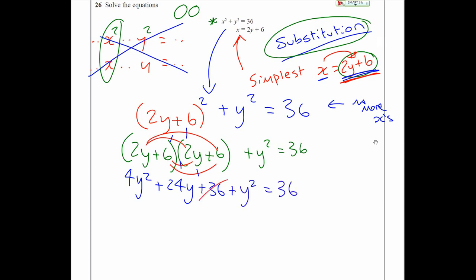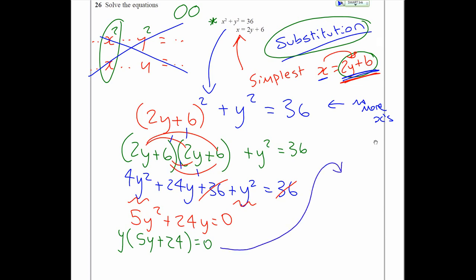Okay, take away 36 from both sides of the equation. Add this y squared to this y squared to give you 5y squared plus 24y equals 0. Factorize your y. So you get y times 5y plus 24. It's going to give us some dodgy numbers. So we get, I hope I've done this right, that y equals 0, because imagine this is another bracket with just y in.